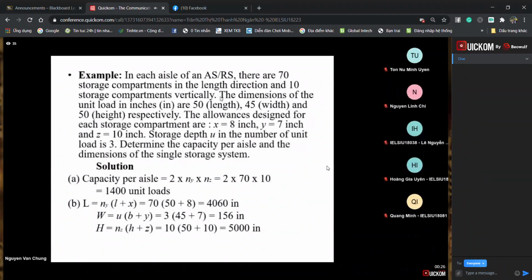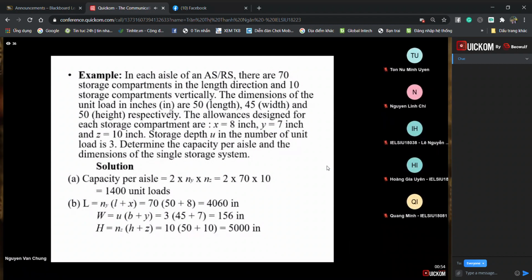So the dimensions of the unit loads are in inches. I repeat, if the given data set uses inches, you use inches, no need to change the metric.